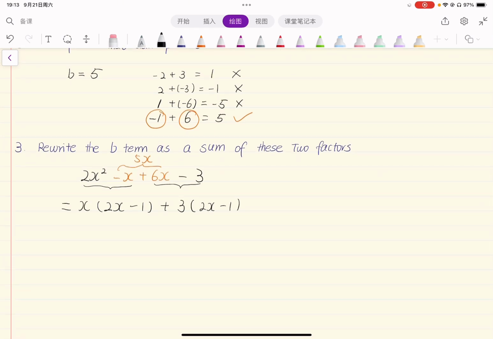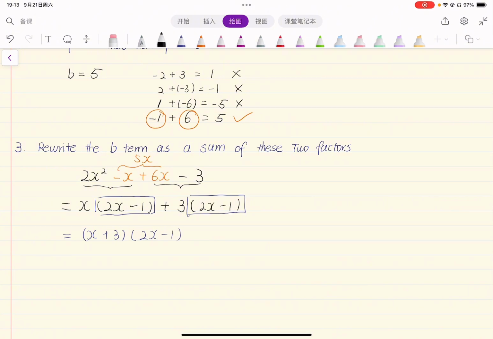Then we can see that we have the same expression, 2x minus 1, in the first one and another 2x minus 1, and then we take it out, we get (x plus 3) times (2x minus 1).